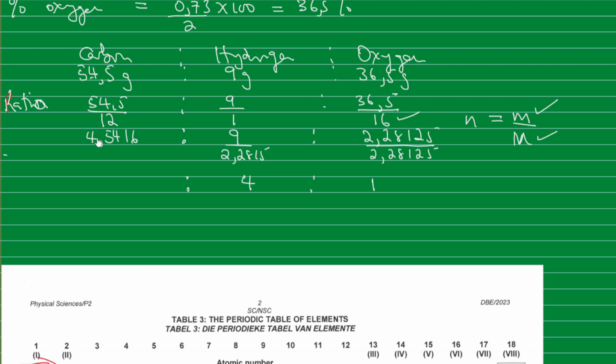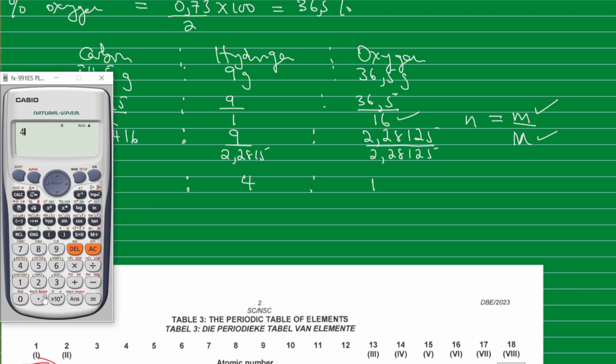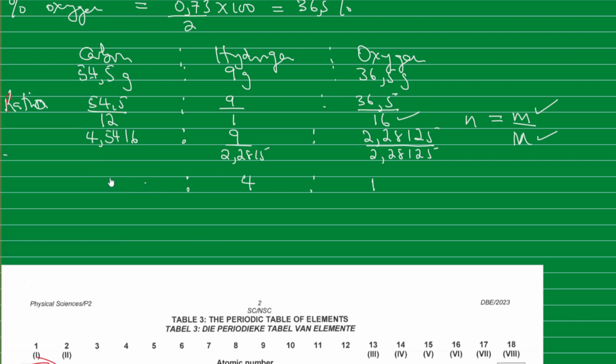And then 4.5416 divided by 2.28125, the answer is 1.999. To the simplest, that will give us 2. So now we have the estimated ratio of 2 : 4 : 1.